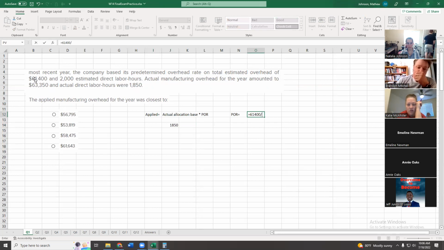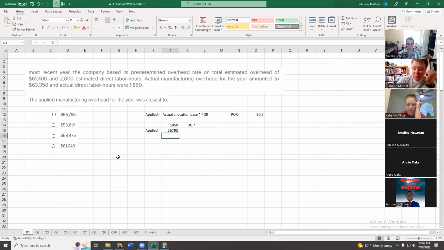Yeah, estimated manufacturing overhead divided by the estimated allocation base, 2,000. Perfect. So now we just have to multiply 1,850 times the 30.70. So the applied is 56,795.